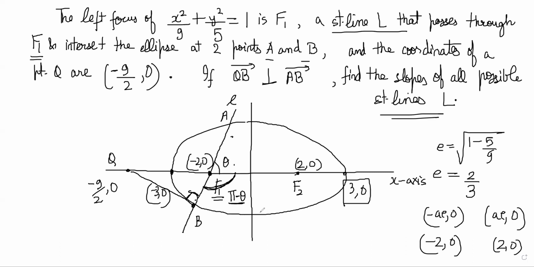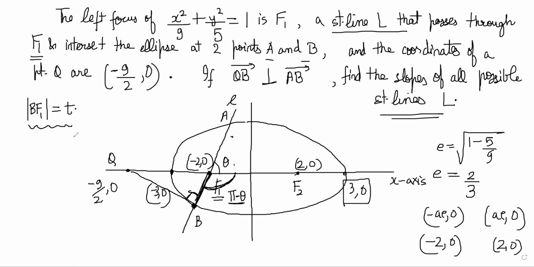If we call mod of BF1, or the focal distance of point B from here, let's say it is T, right?